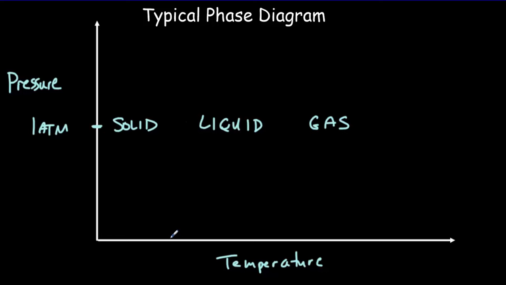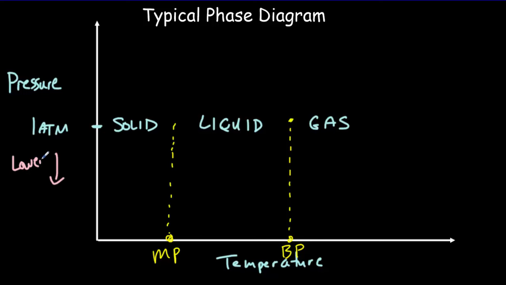Now this temperature right here, where it changes from a solid to a liquid at atmospheric pressure, we call that the melting point. And of course, this temperature here, where it changes from a liquid to a gas, we call that the boiling point.